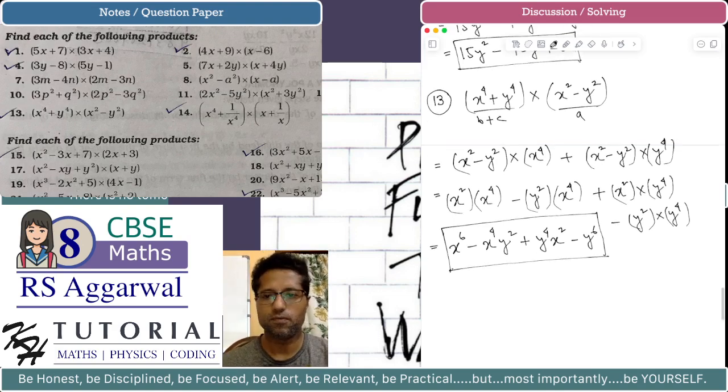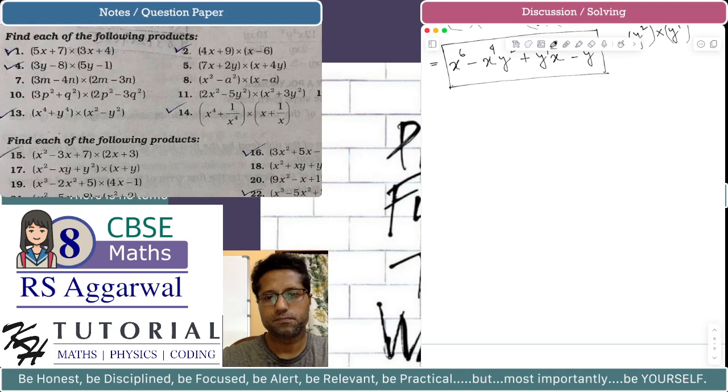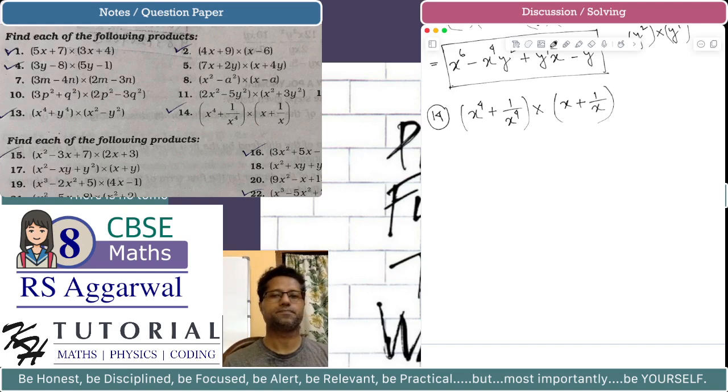Okay, let's do problem number 14. This is x to the power 4 plus 1 by x to the power 4 multiplied by x plus 1 by x. Okay, so let's consider this as a and this as b plus c.